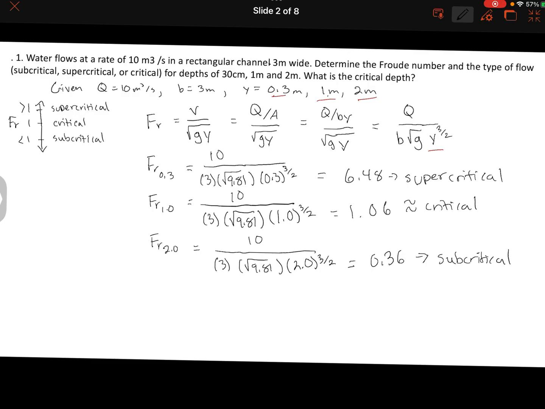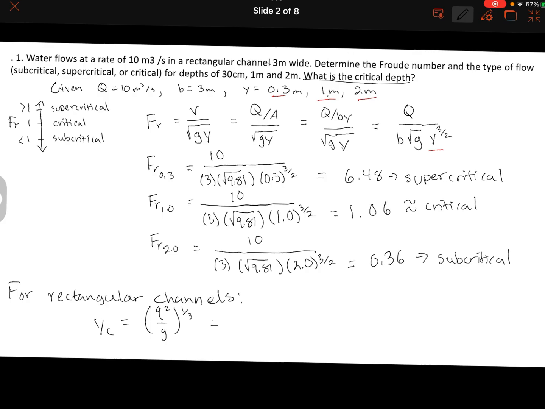The next part of this question asks us to find what is the critical depth. And we know from our lecture notes that simplifying Froude's equation, substituting in 1, and then assuming a rectangular channel geometry here, that for rectangular channels, our critical flow depth, here denoted by yc, can be approximated by taking our little q squared divided by the acceleration of gravity and raising that to the 1/3 power.